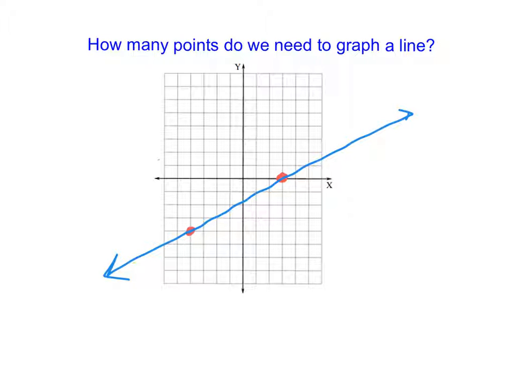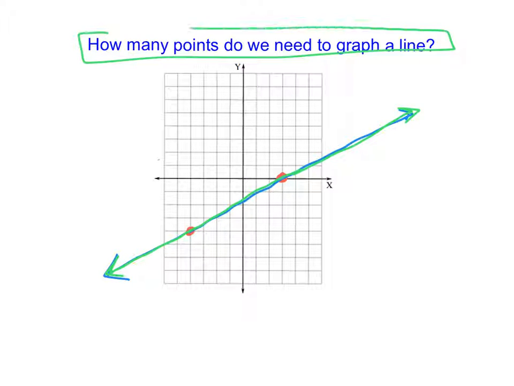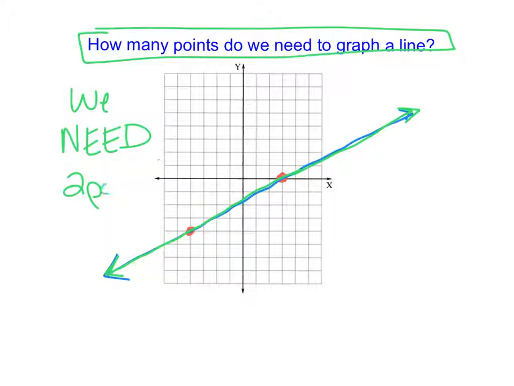Even if I try to connect the points in a different order, I still draw the exact same line. So to answer the question of how many points we need to graph a line, we need 2 points. If we have 2 points on that line, we will be able to create an accurate linear graph.